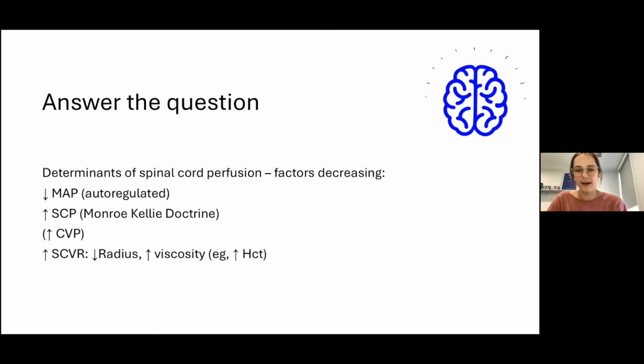And then we can talk about things influencing our spinal cord vascular resistance. So this is determined by the Hagen-Poiseuille equation. And we can talk about things influencing radius, which is the most important, and also things influencing viscosity. And as we know, length is relatively fixed. So you can mention it, but it's not something that we can alter.